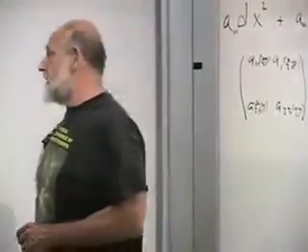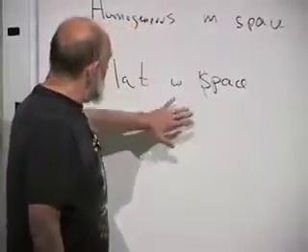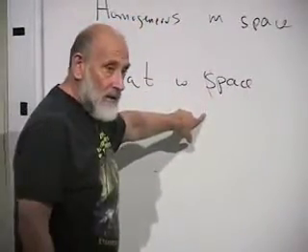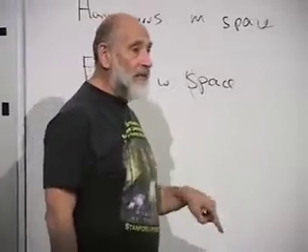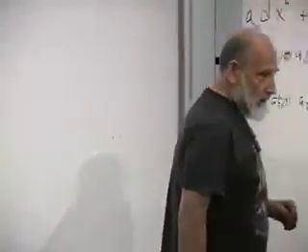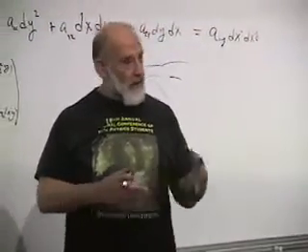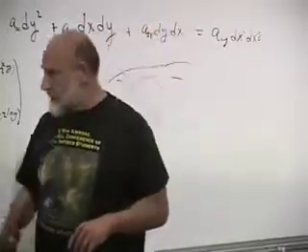In fact, let's see what we can deduce. From the fact that space is everywhere the same and that it's flat, we can deduce that at any given instant of time, we can find coordinates which just allow it to be represented in terms of Cartesian coordinates.